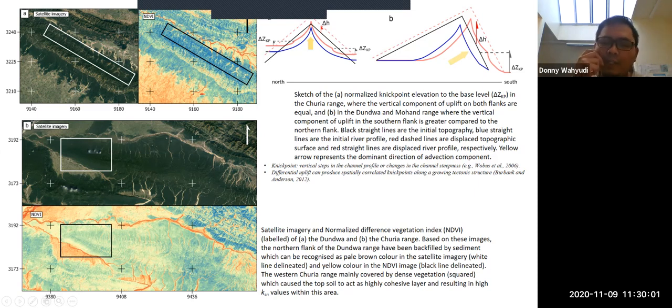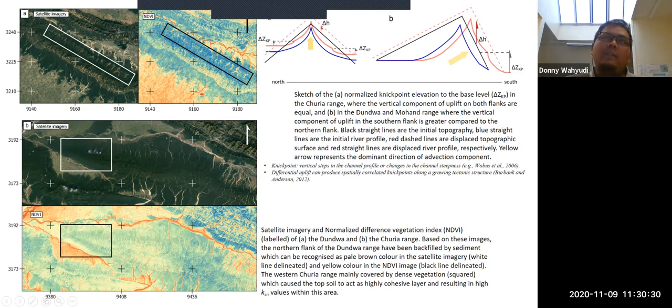We guess that the Western Churia, because it is mainly covered by dense vegetation, has topsoil acting as a highly cohesive layer, resulting in high KSN values within this area. So it is actually a transient signal that the KSN records here.